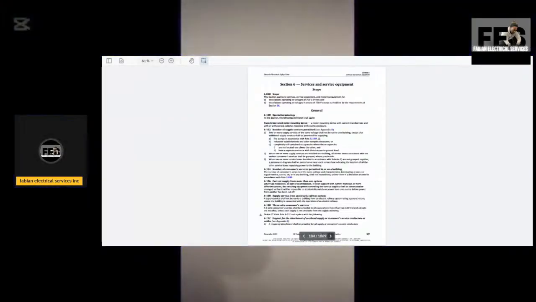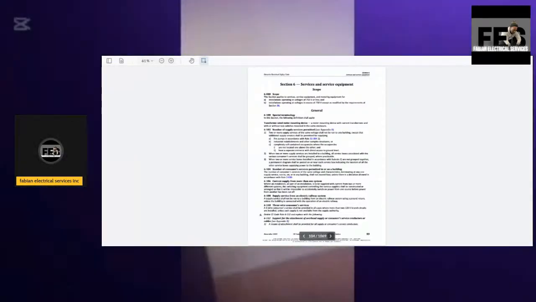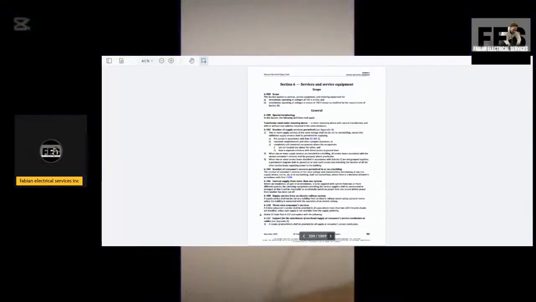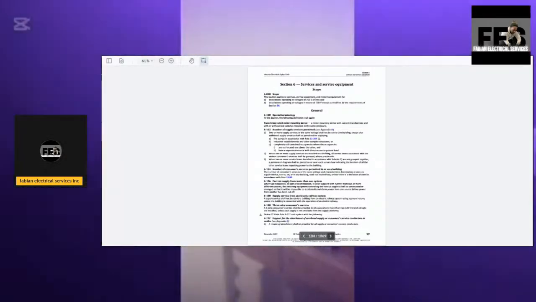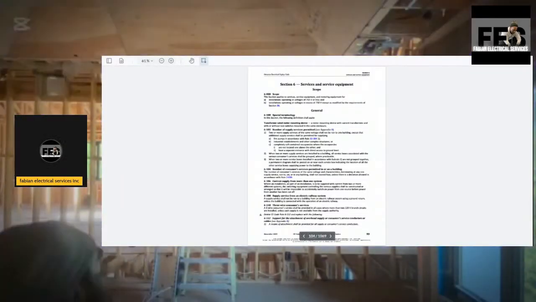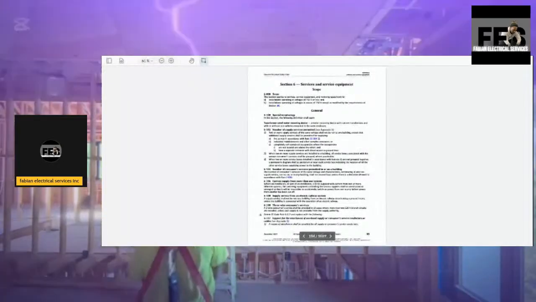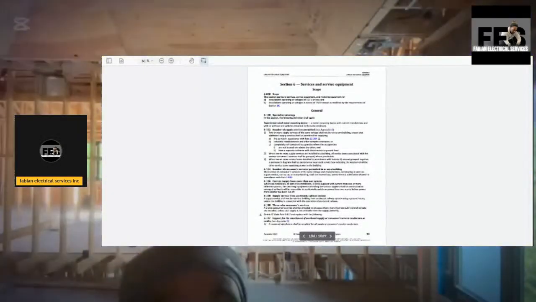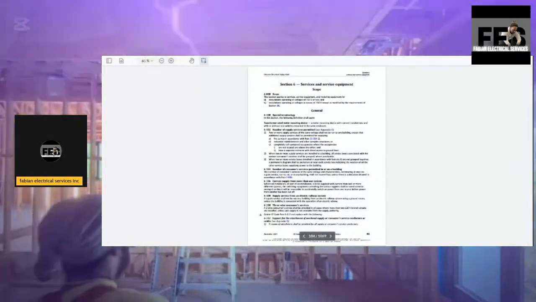So again, let's open up the OESC 2024 and look at the rule. And what we're looking at right now is the service entrance rule.